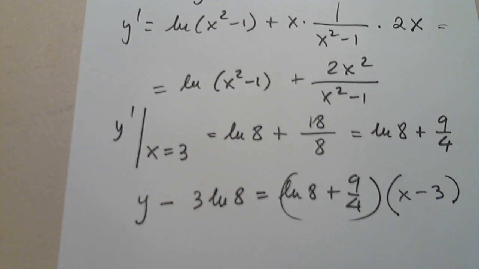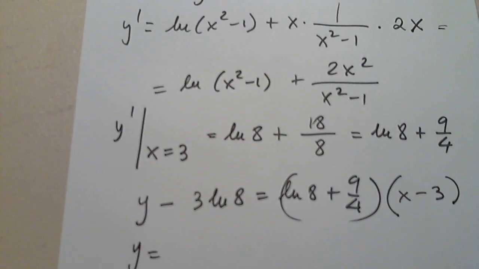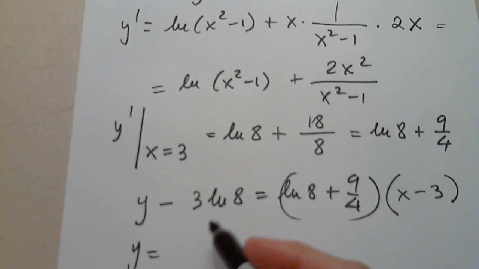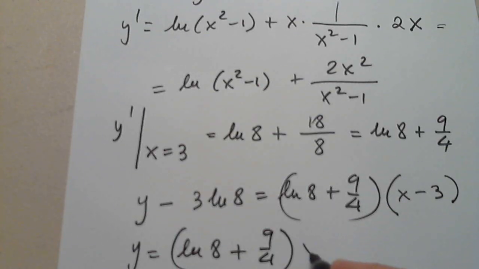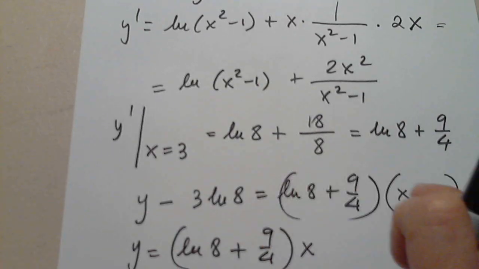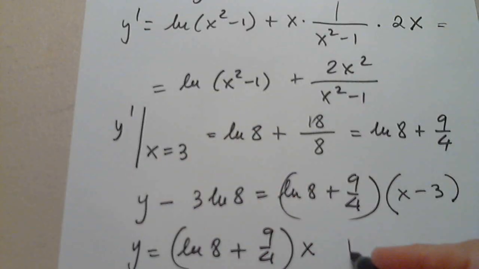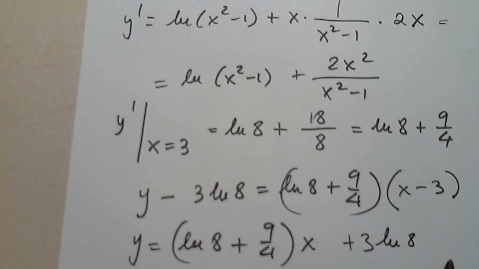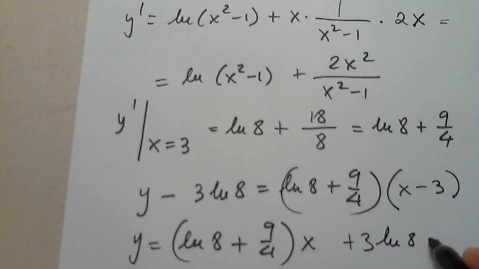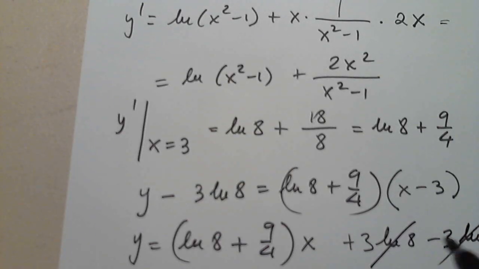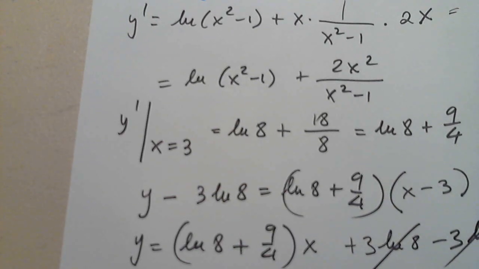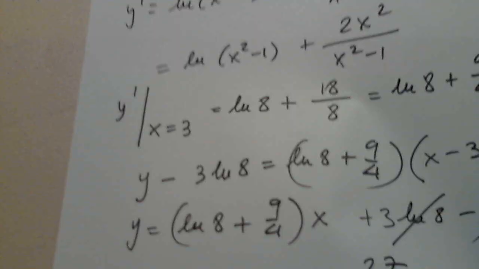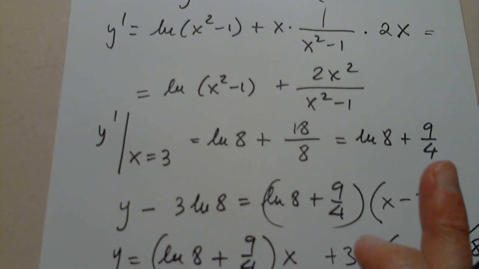So now, assuming they're asking me to, normally we have to solve for y. So I have to just write natural log 8 plus 9/4, and I will distribute it to x. But then I have to distribute this to -3 and also bring +3 natural log 8. So -3 times this is -3 natural log 8, nice. And this times this is -27/4. So this is final now. Let me explain again what I did.